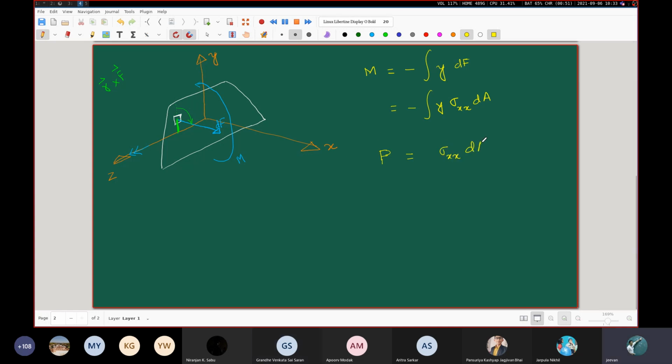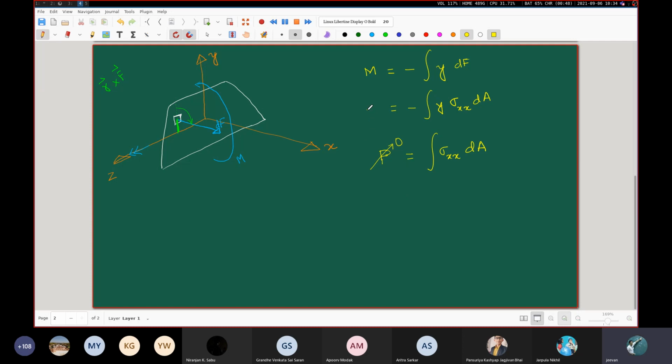Since we are only talking about forces, there is no question of any moment arm or any such complicating things. It's a simple thing. So sigma xx into dA is the dF, and the integration of those dFs over the entire cross section will give me the whole P. But according to the situation that we are considering, this P is equal to 0.